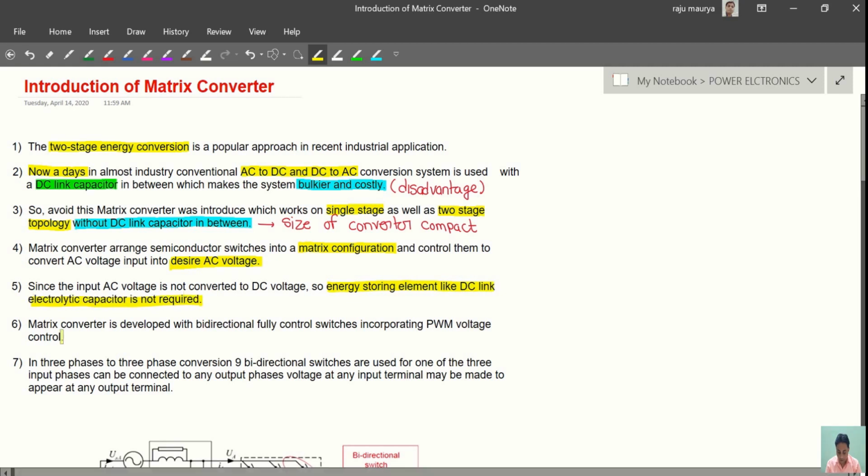In a matrix converter, bidirectional fully controlled switches are employed to incorporate PWM voltage control. For 3-phase to 3-phase conversion, 9 bidirectional switches are used.